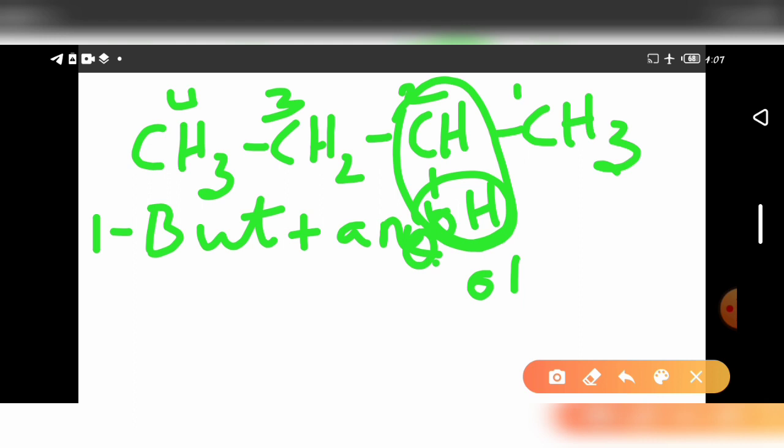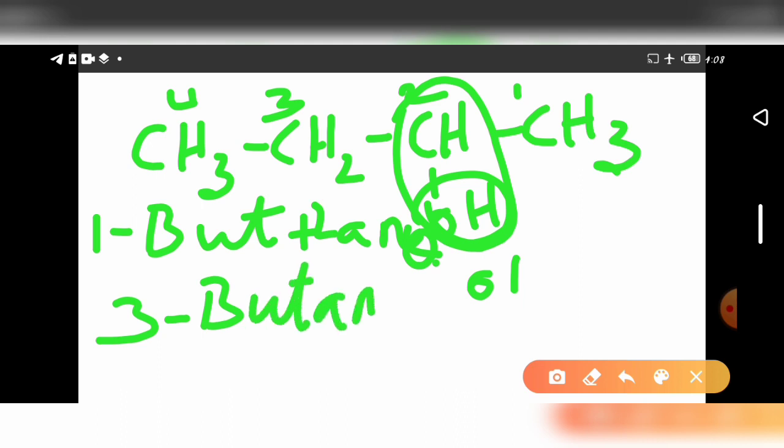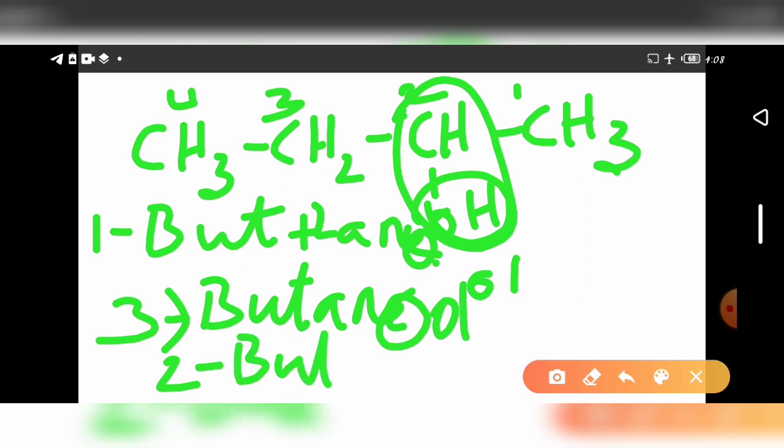So in the first step, second step you add ane, and third step in primary butane, the alcohol will be presented. So instead of E you put OL. In which carbon is the alcoholic group? The second carbon. So you write 2 in front, so 2-butanol. Butanol.